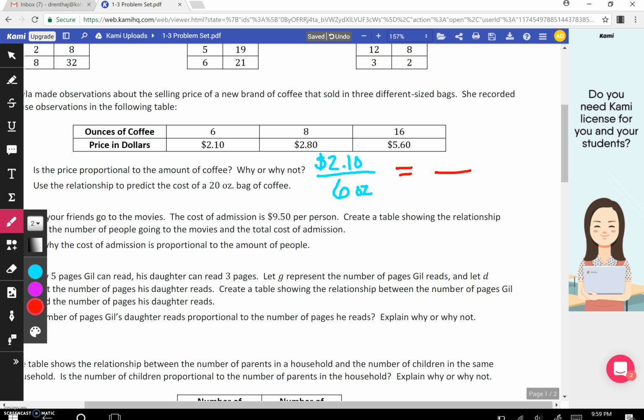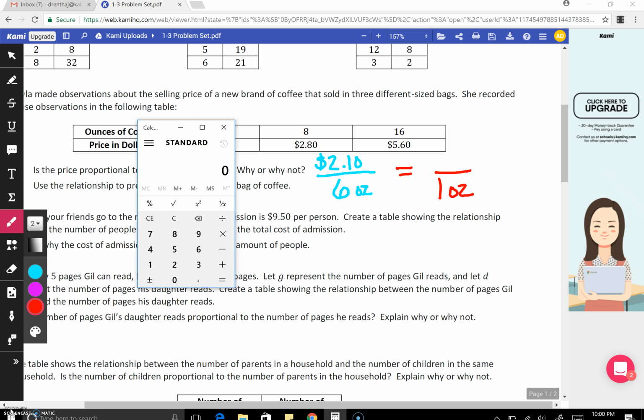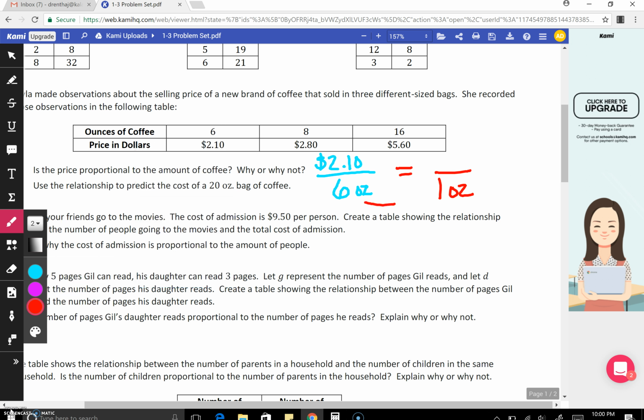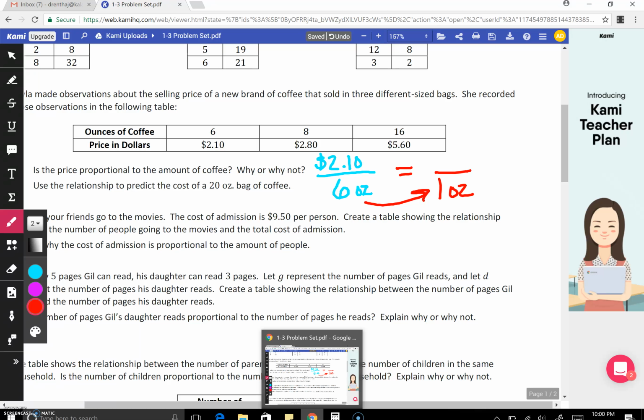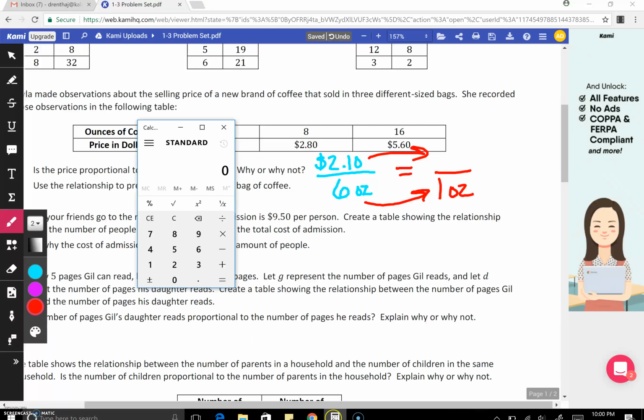We want to know what's the cost for 1 ounce. On questions like this, we can use a calculator. So to get from 6 ounces to 1 ounce, we're going to divide by 6. So we want to make sure we do that same thing on the top. We're going to divide $2.10 by 6.